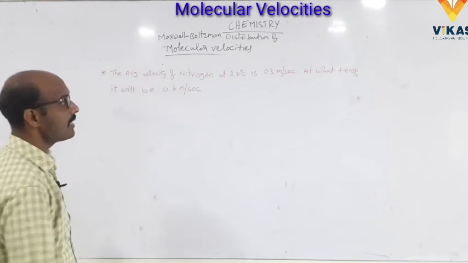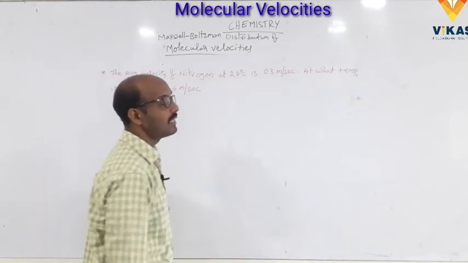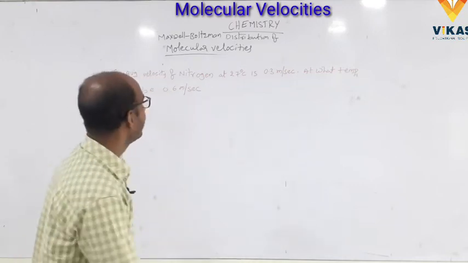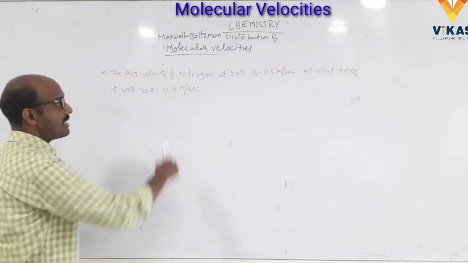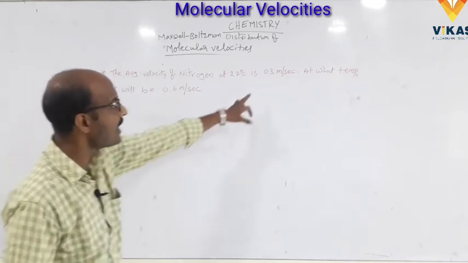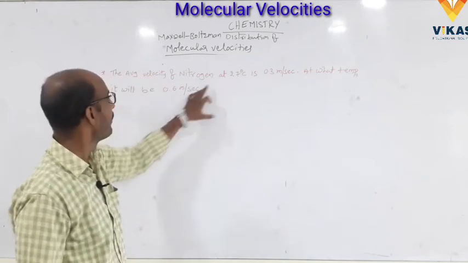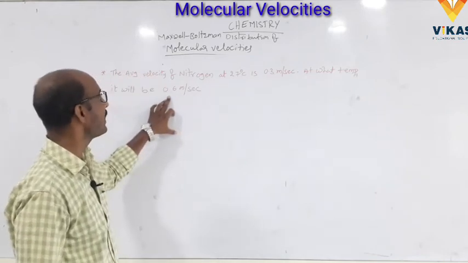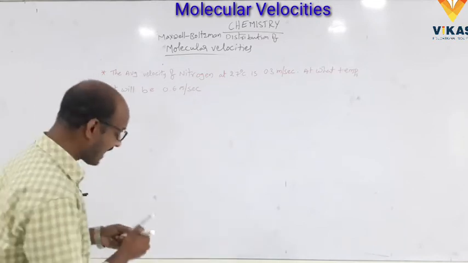At 27 degrees centigrade the velocity is 0.3 meters per second, but for 0.6 meters per second, what is the temperature of the nitrogen? So what is the average velocity?